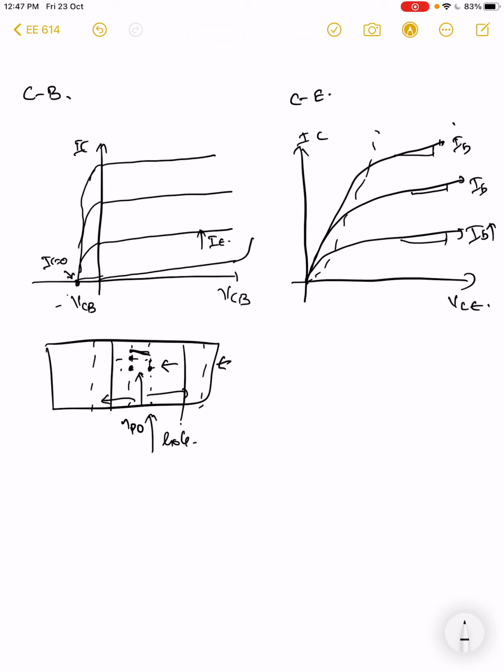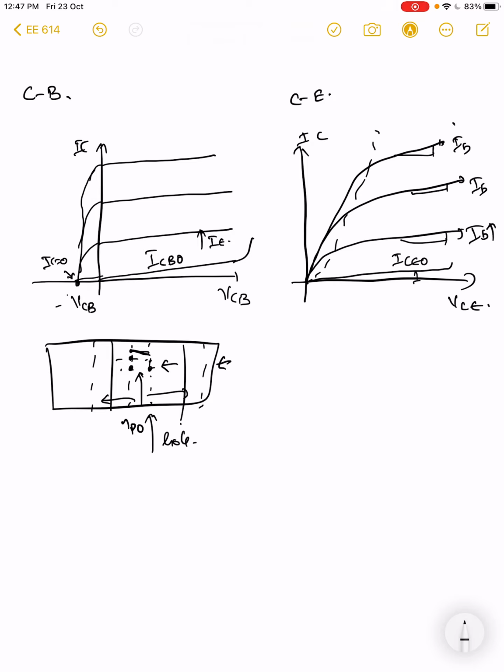IBs are increasing. Another point that should have been mentioned, probably I did not mention it well enough, is the actual ICEO, that is the IB open in the common emitter case, and ICBO, that is the open emitter configuration in the common base situation.